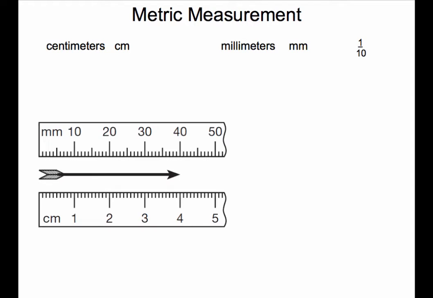Let's look at an example. Okay, so on our example, we have the arrow. Above the arrow, we have a ruler that is measured out into millimeters, and on the bottom a ruler that is measured out into centimeters. What is the length of the arrow in centimeters and millimeters?